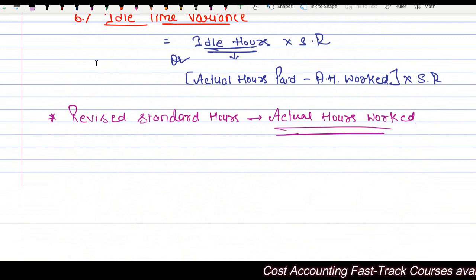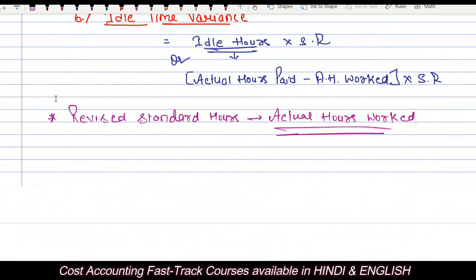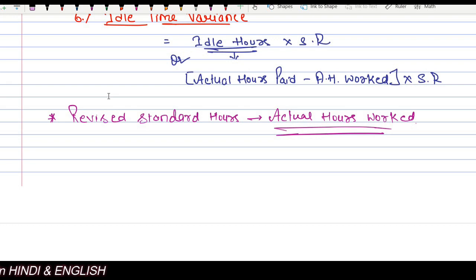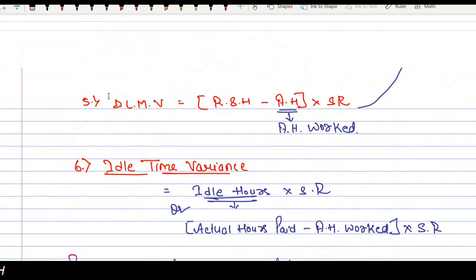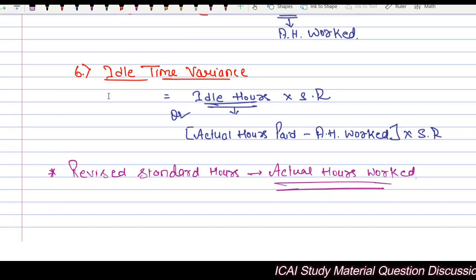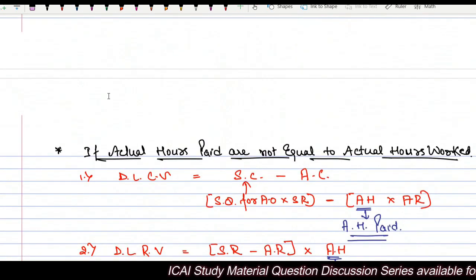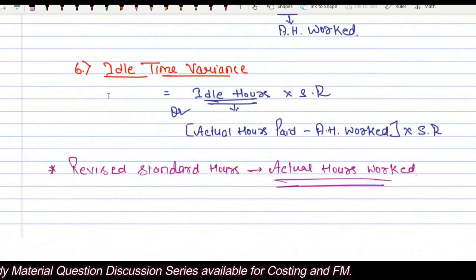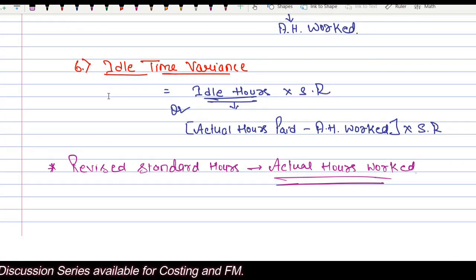So revised standard hours, when you have to calculate in case of yield variance and mix variance, will be calculated on the basis of actual hours worked. Clear? So this is all we discussed in the last lecture about the labor variances, and I hope these are clear, because in this lecture we are going to do the practical problems on the labor variances, and after that our labor variances will be complete.